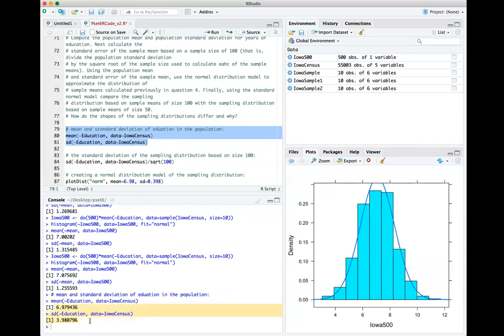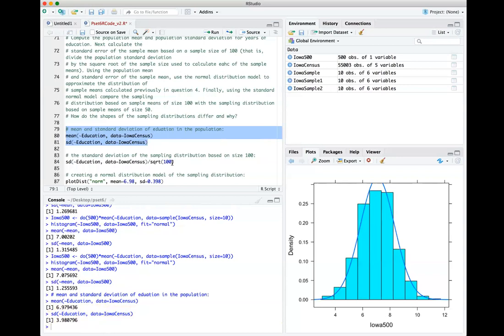Remember, the standard error is an estimate of the precision of the point estimate of the mean. The standard error is not the standard deviation of that variable.